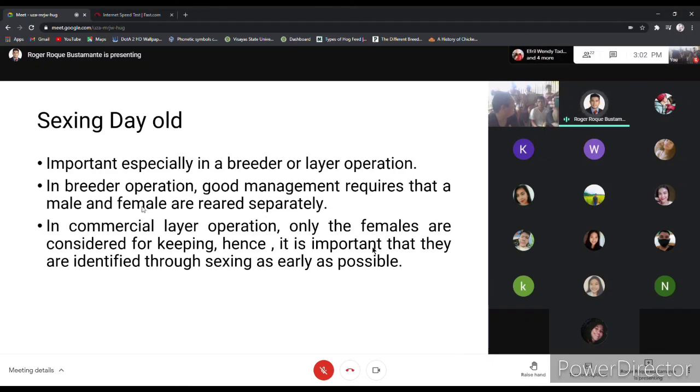as time went by, within that period the raisers realized that there are specific breeds or other strains that are better compared to those called rejects out of these layer operations. So in breeder operation, good management requires that the male and the female are reared separately.